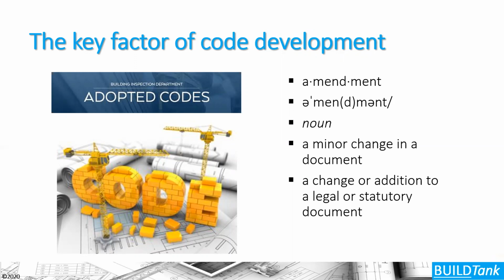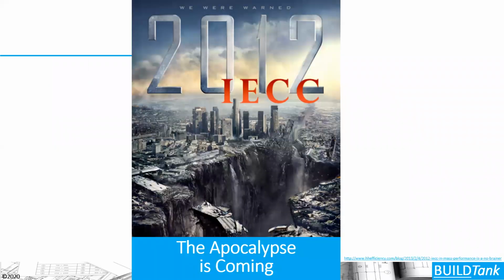We began to see this with the introduction of the 2012 IECC, which really got people's attention. It was the first code where people started questioning what direction the code was going and how it was achieving its goals. There was an almost apocalyptic feeling about the code.